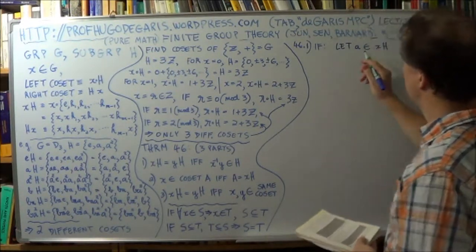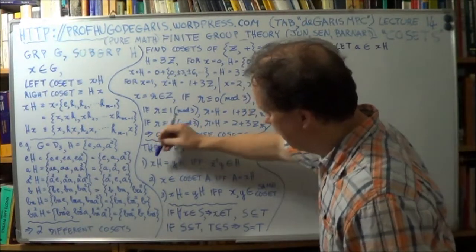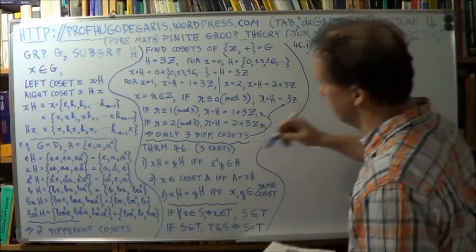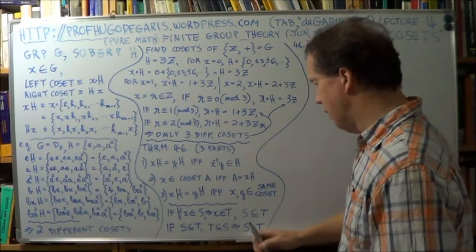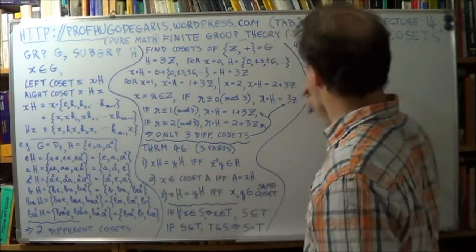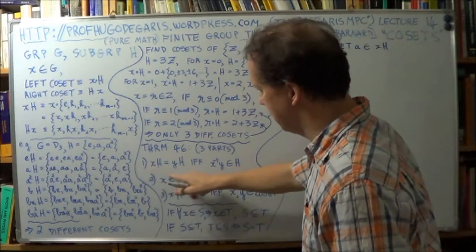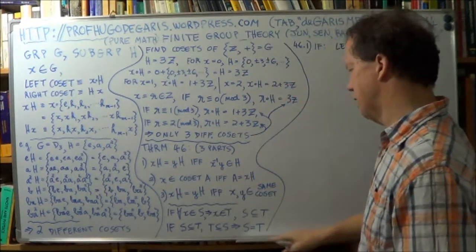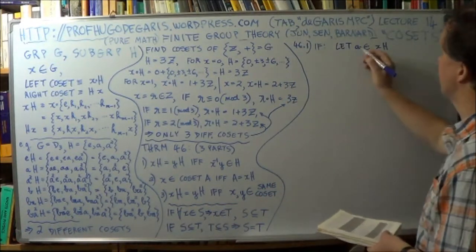So what I'm trying to do here is, if A belongs to xH, then I need to show that A also belongs to yH. And if I can do that, and that's true for any element, then xH would be a subset of yH. So let's try to do that.